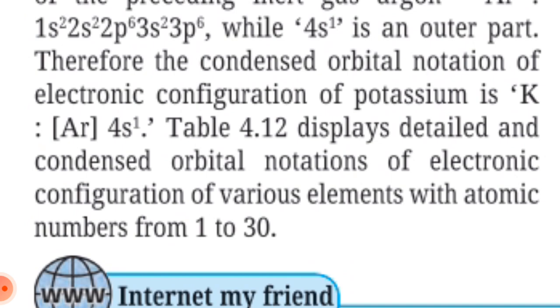Therefore, the condensed orbital notation of the electronic configuration of potassium is [Ar] 4s1. Table 4.12 displays detailed and condensed orbital notation of electronic configuration of various elements with atomic number from 1 to 30.